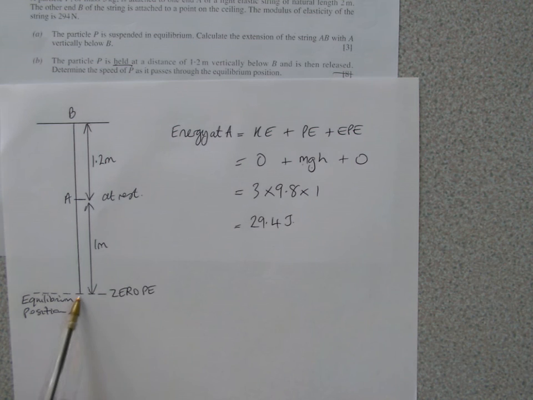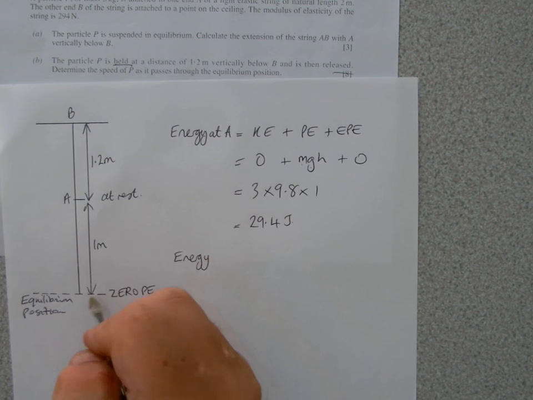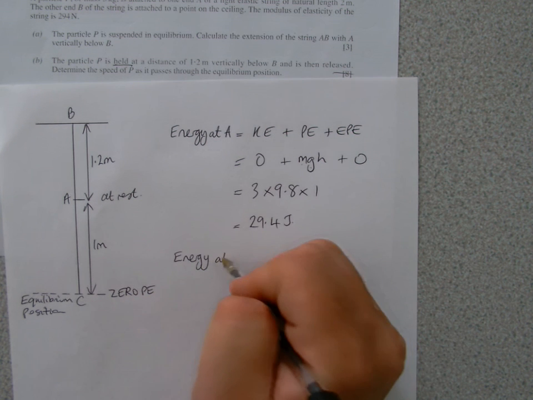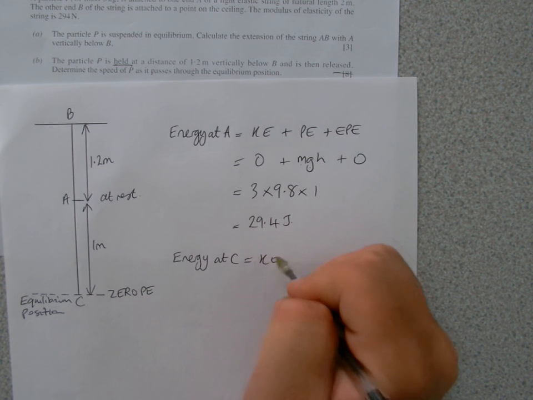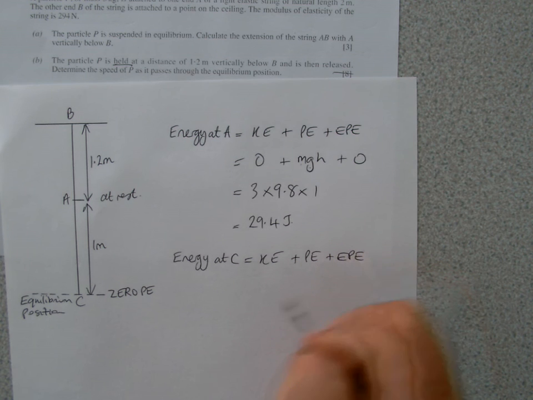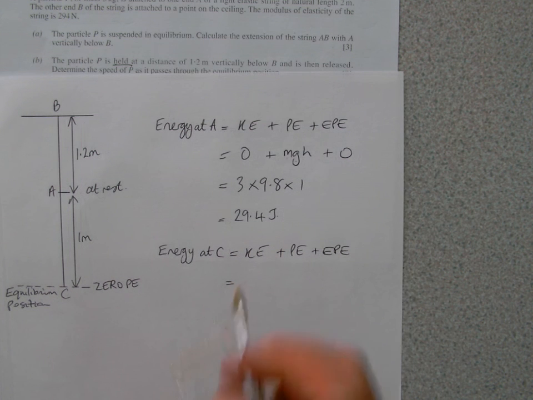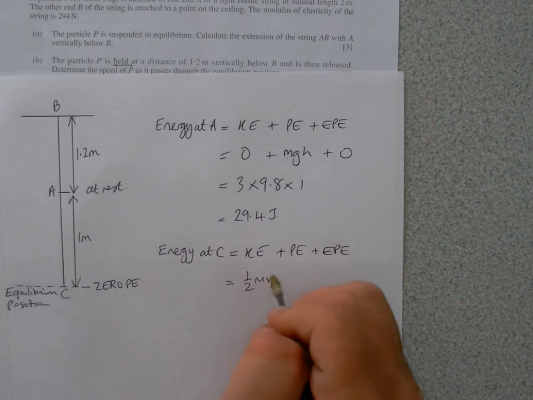So the energy at the equilibrium position, we'll call that C maybe. Again, we'll consider kinetic energy, potential energy, and elastic potential energy. The kinetic energy, obviously, we're going to use the formula half mv squared.